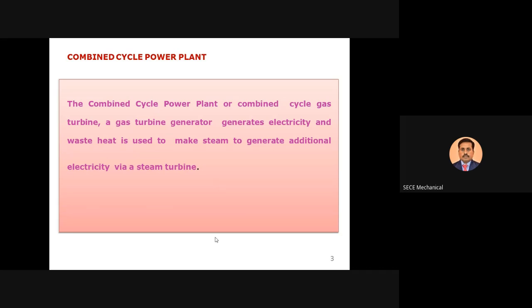you can develop more power. Normally in a power plant, only 33 percent efficiency can be produced from a gas turbine power plant. The remaining 67 percent of the energy goes to the exhaust as heat. That waste heat can be utilized further to produce an additional amount of power with the help of the steam turbine.